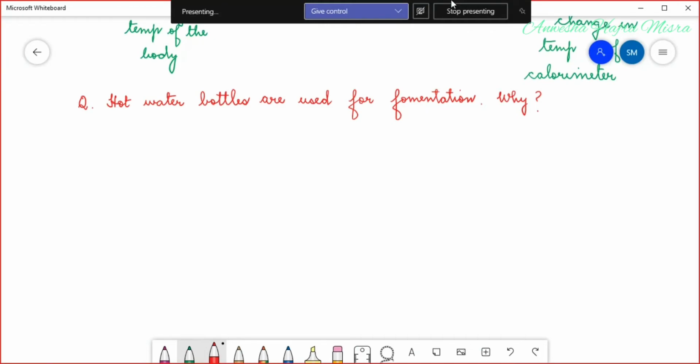Now the keywords for this answer is: water has high specific heat capacity.